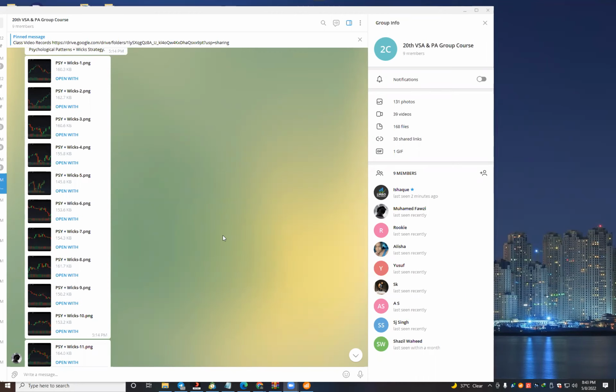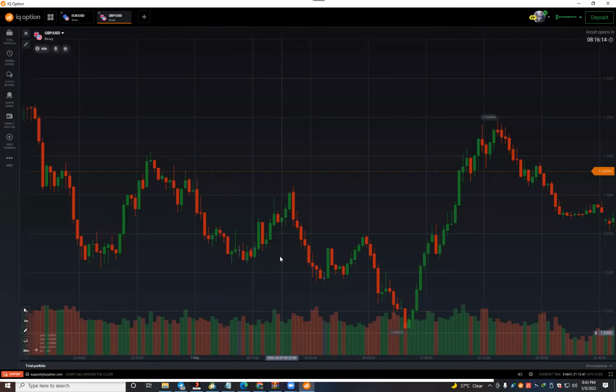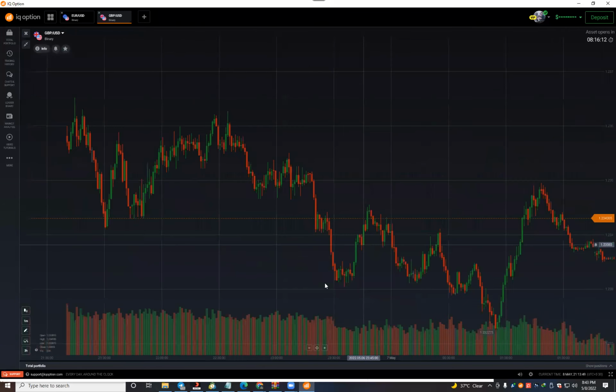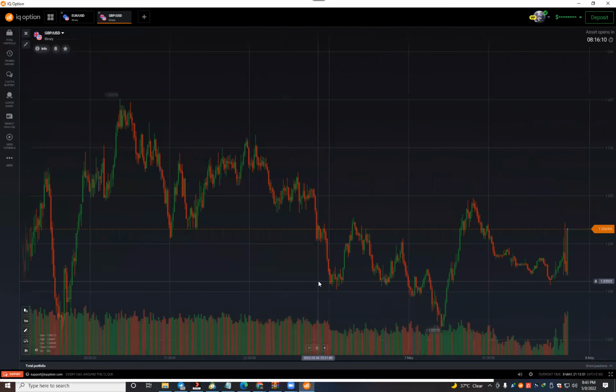Okay, how many members know how to draw the Fibonacci? Quite average. Fibonacci, how can we draw? Yes, low to high or high to low, wherever it fits.